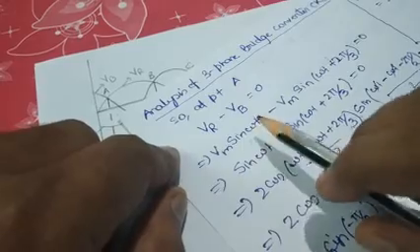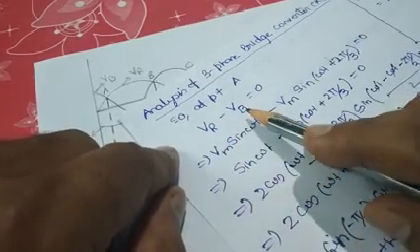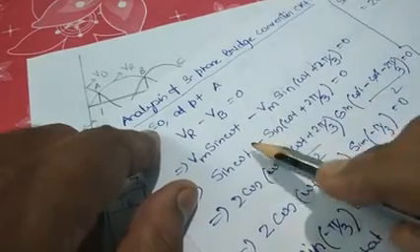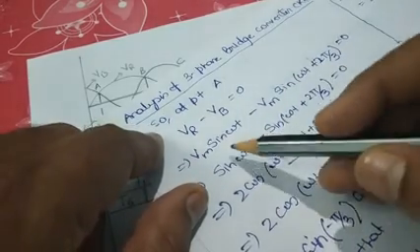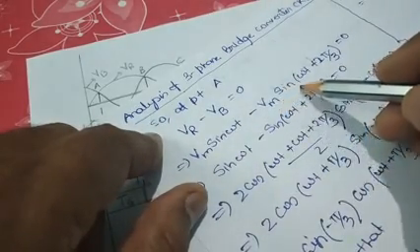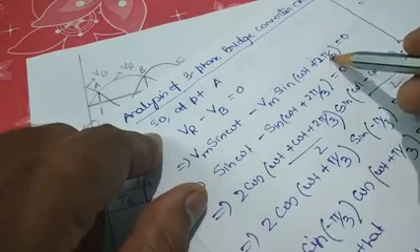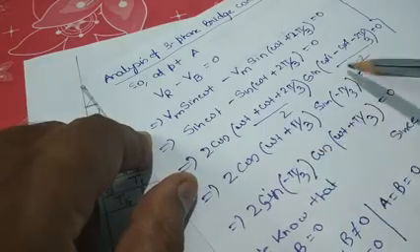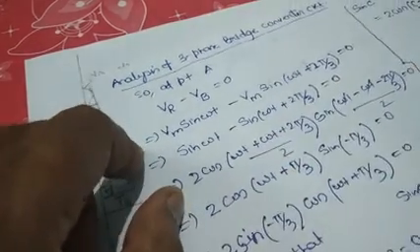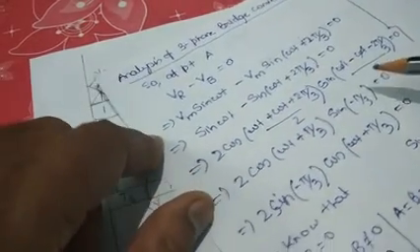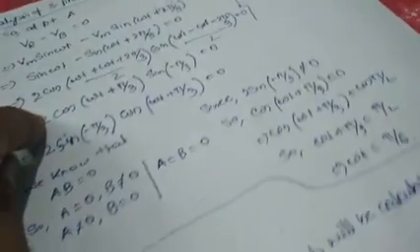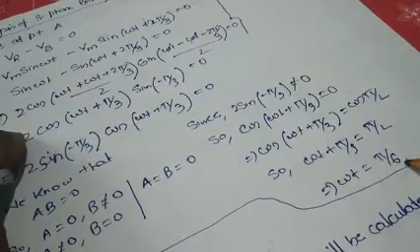So just writing VR minus VB equal to 0 and simplifying this expression, Vm sin omega t minus Vm sin of omega t plus 2 pi by 3, and analyzing this mathematical expression, we will get the value of omega t as pi by 6.